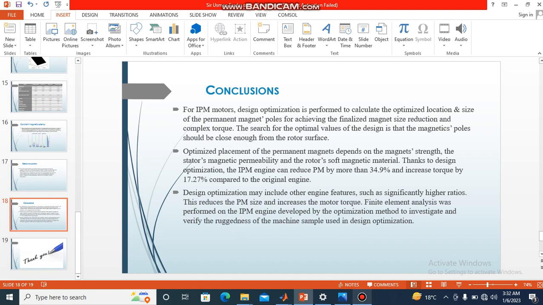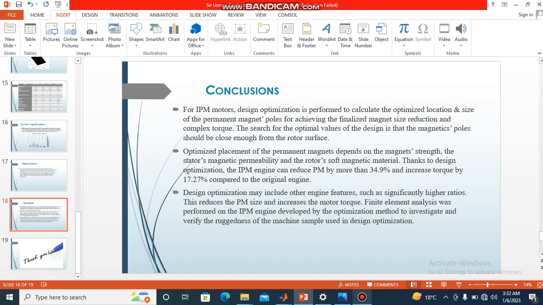Optimized placement of the permanent magnet depends on the magnetic strength, the stator magnetic permeability, and the rotor soft magnetic material. Thanks to design optimization, the IPM motor can reduce permanent magnet by more than 34.9% and increase torque by 17.27% compared to the original motor.